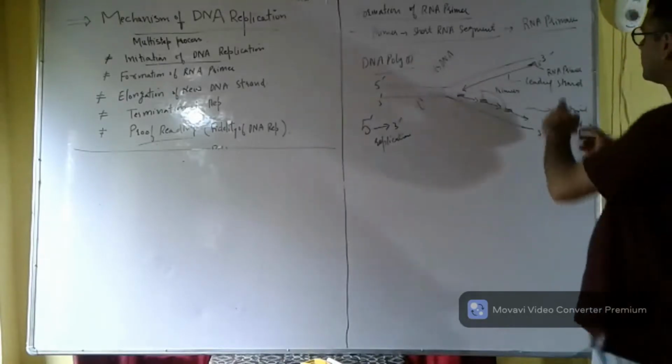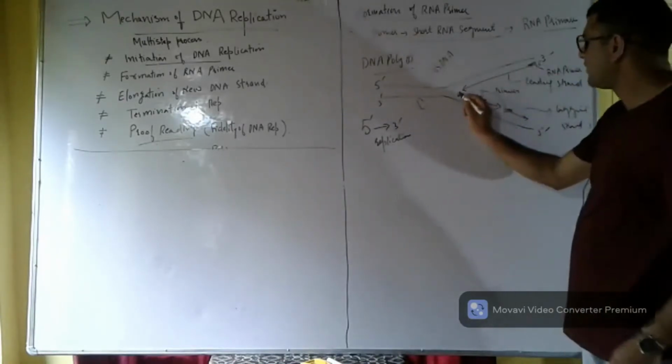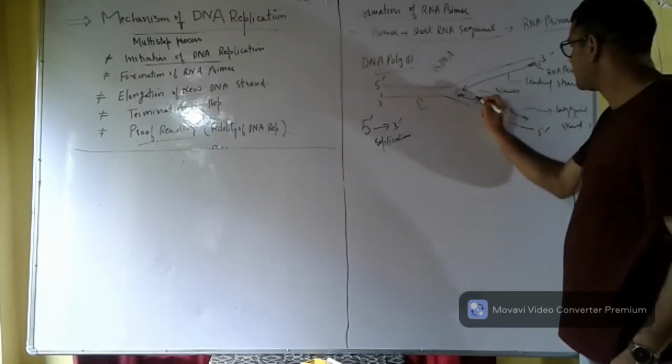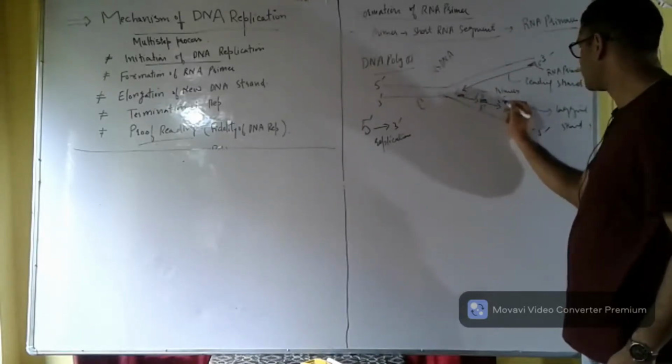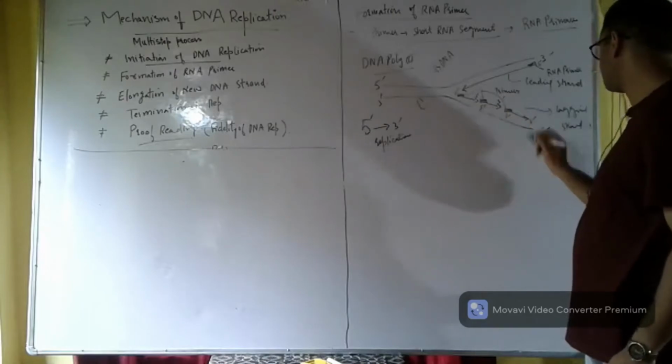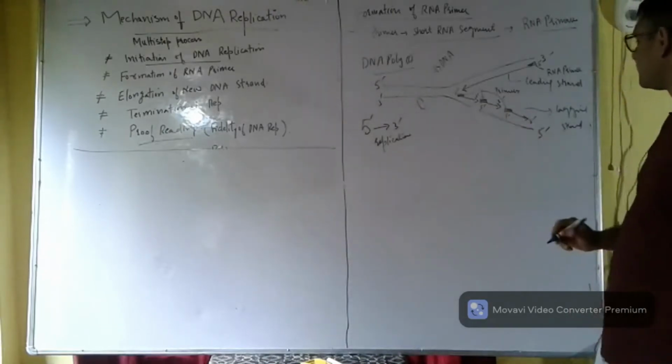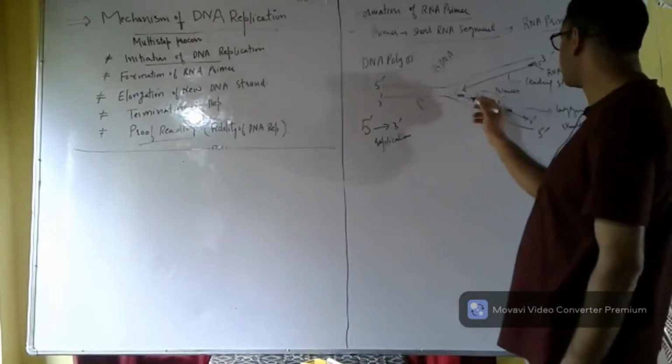So DNA replication always takes place in the 5' to 3' direction. It would be 5' to 3', 5' to 3', 5' to 3'. So this is the direction of replication.